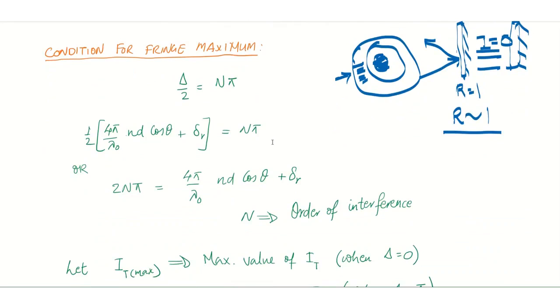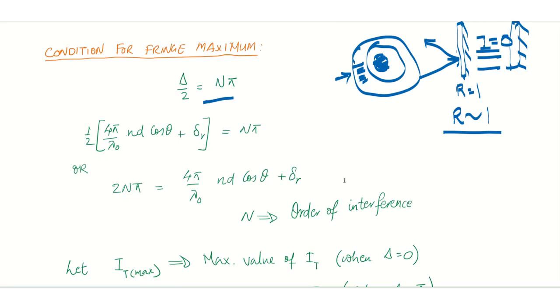Okay. Now, let's see what the condition for fringe maximum is, and that is delta by 2 equal to n pi gives you the fringe maximum.